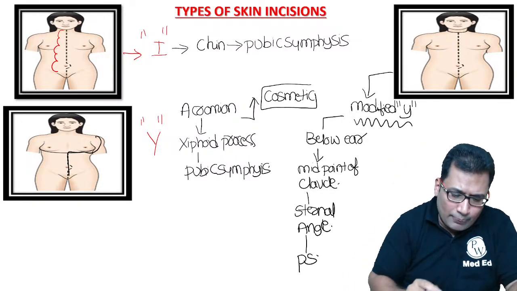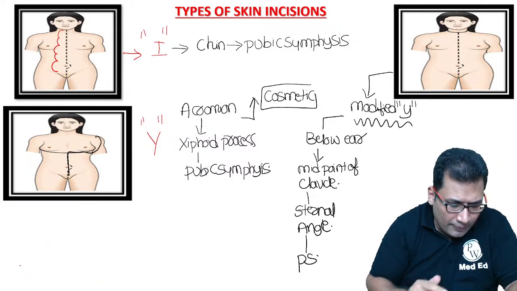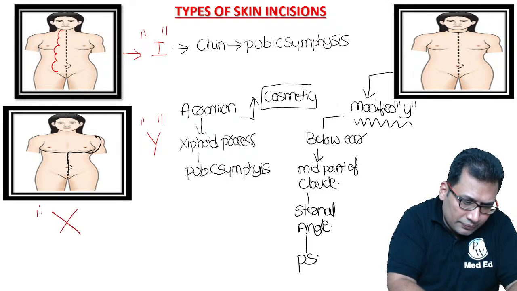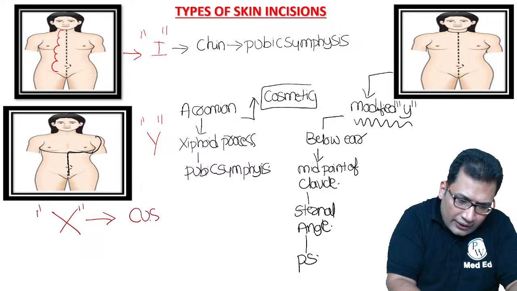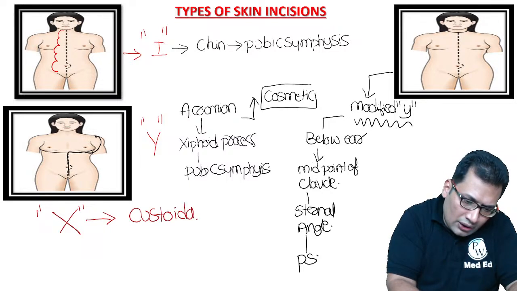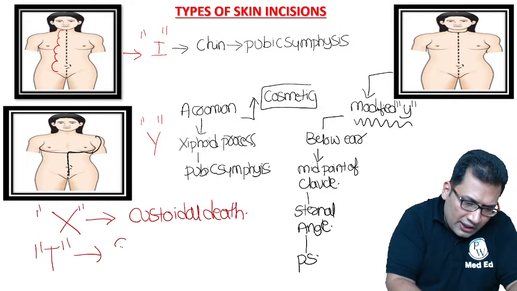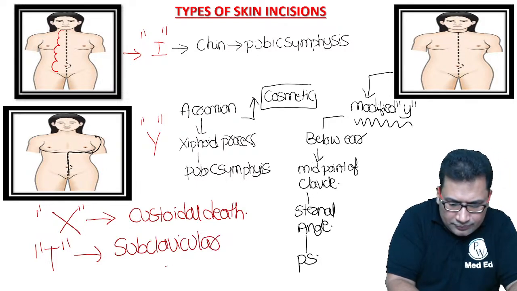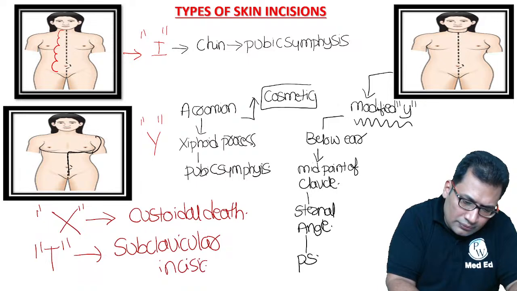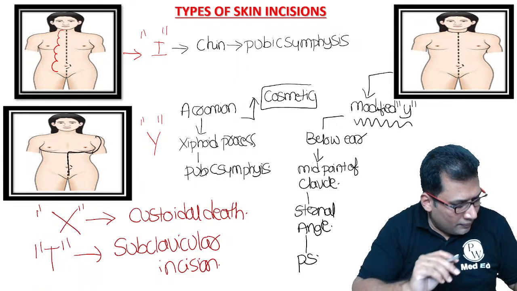And there are some more incisions. What are they? X-shaped incision. X-shaped incision is done in case of custodial death. One more is the T-shaped incision, which is a subclavicular incision.